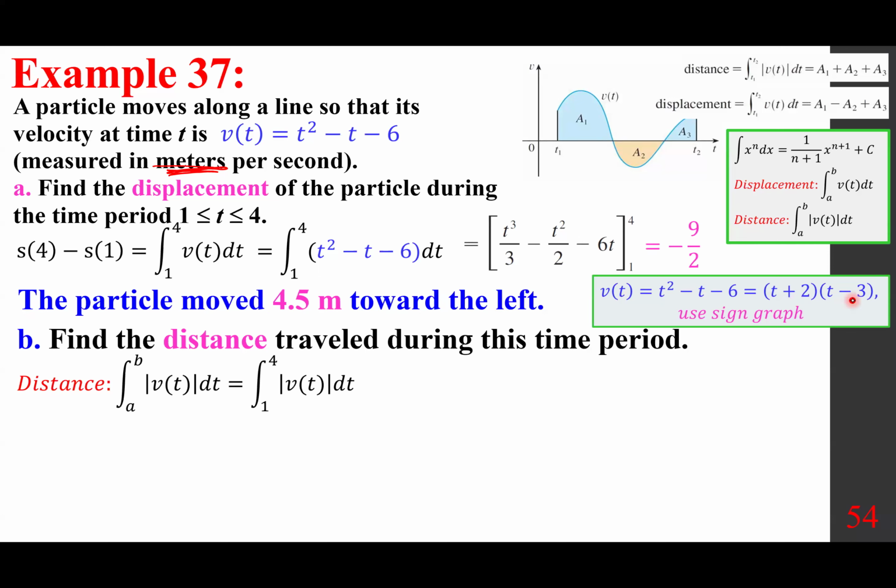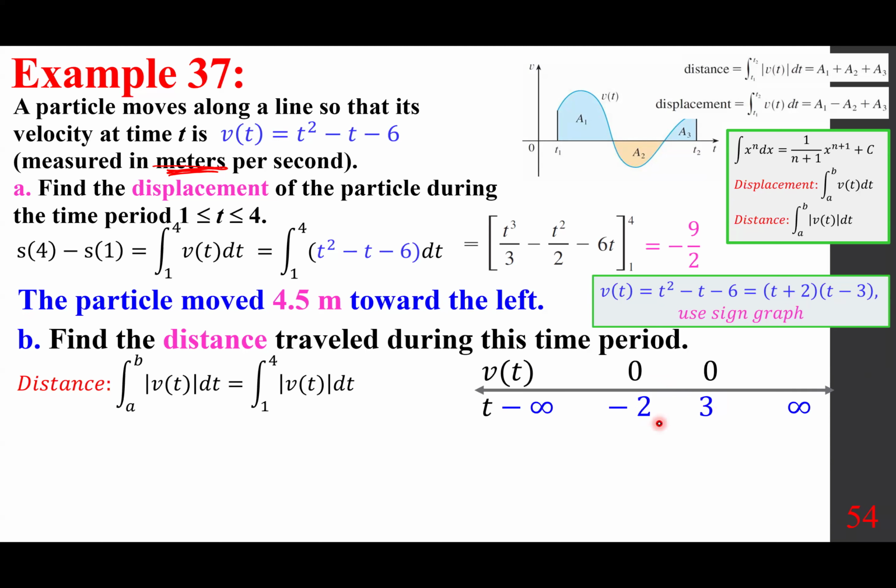You must use a sign graph. So I have a number line from negative to positive infinity. Actually, because we are dealing with time, you can go from 0 to infinity, okay? But either way. And you want to figure out where it's positive, where it's negative. We are really interested from 0 to infinity, okay, class? But the sign is very simple.